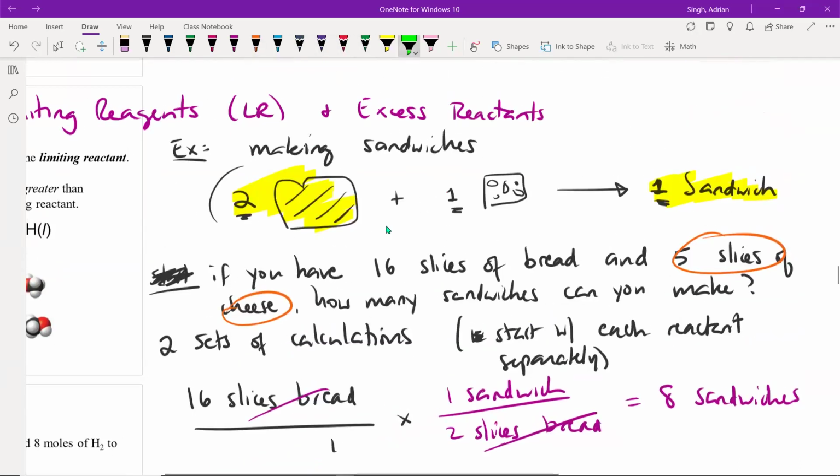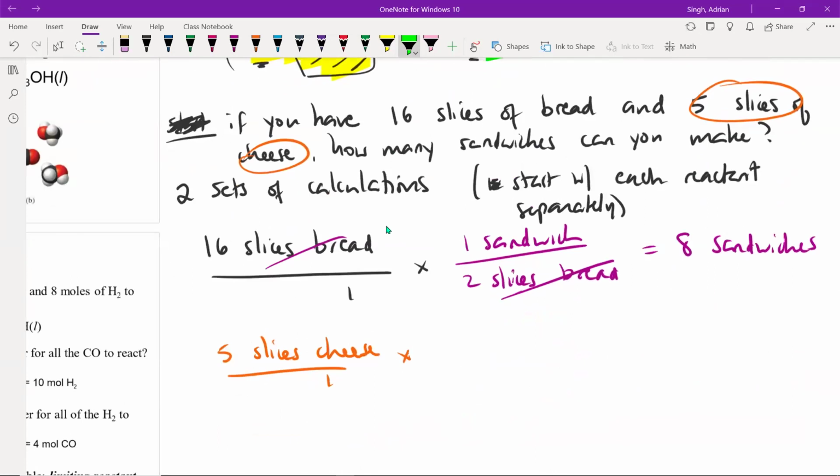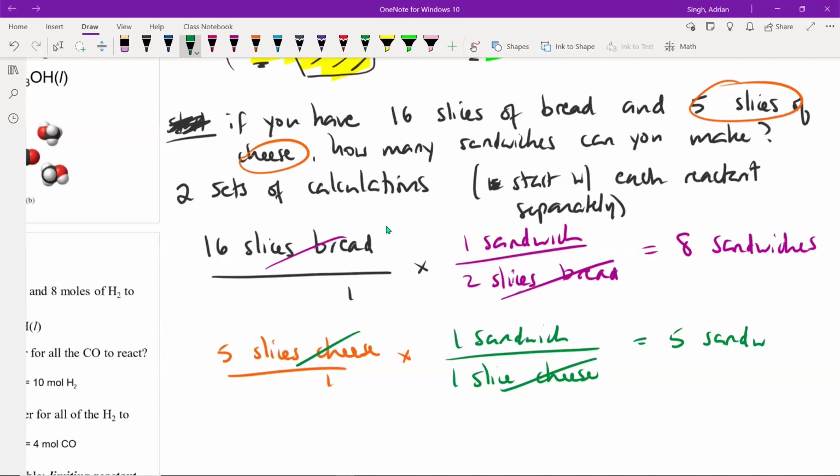Well, here it is 1 slice of cheese to make 1 sandwich. That's a 1-to-1 mole ratio, if you will, or just a 1-to-1 ingredient ratio. So 1 slice of cheese goes on the bottom, or 1 sandwich goes on top. Okay, slice of cheese goes away. So if I just consider the slices of cheese, I could make 5 sandwiches.